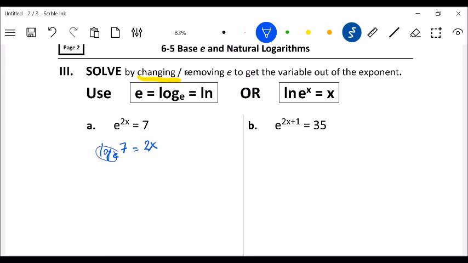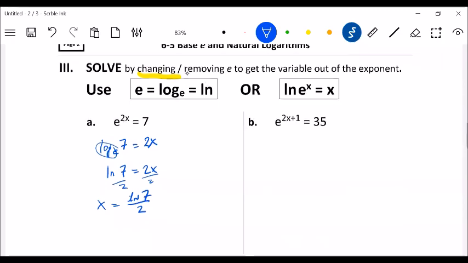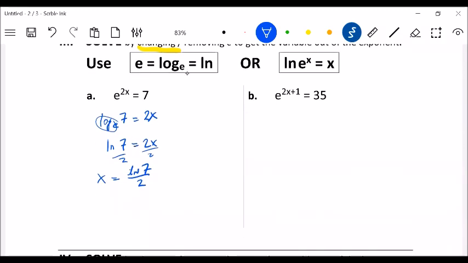Now log base e is natural log, and we divide by 2. x is equal to the natural log of 7 divided by 2. When you put that into the calculator, x is approximately 0.9730.